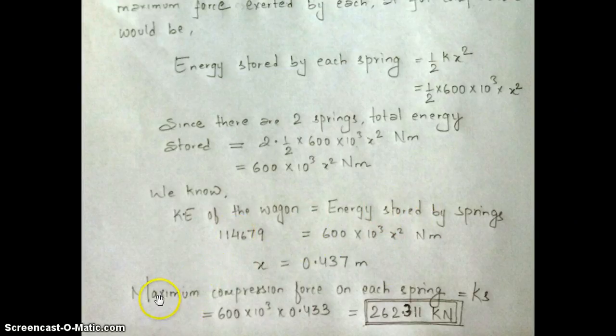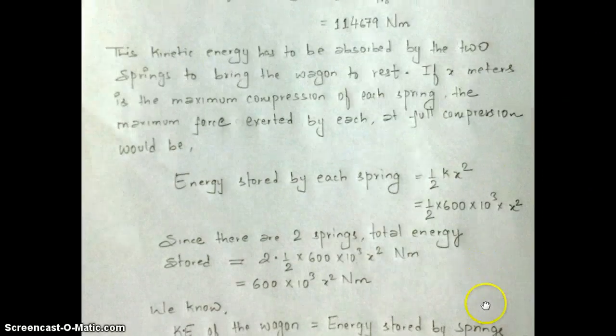After that, the maximum compression force on each spring is given by Ks. K is the stiffness, and S is the distance, or let's say the x. We plug in the values and then the maximum force on each spring comes out to be 262.311 kilonewtons.